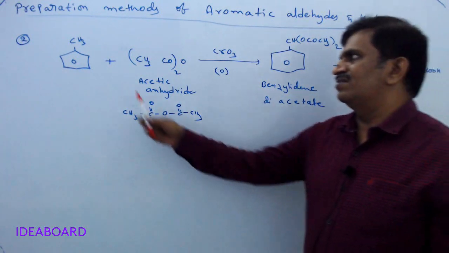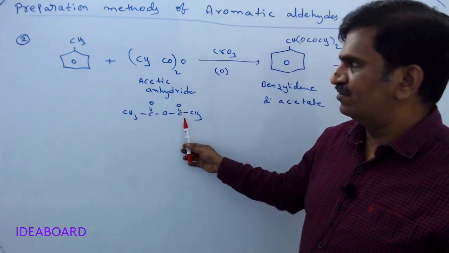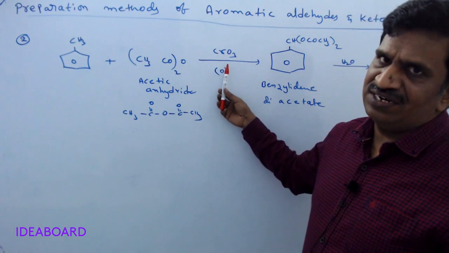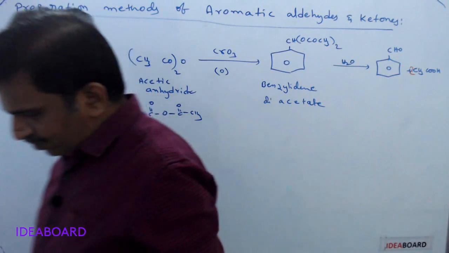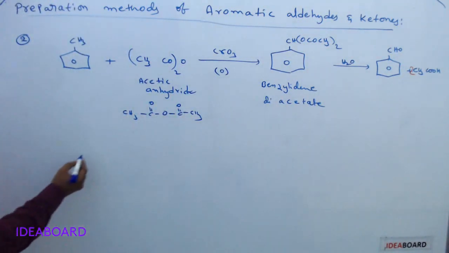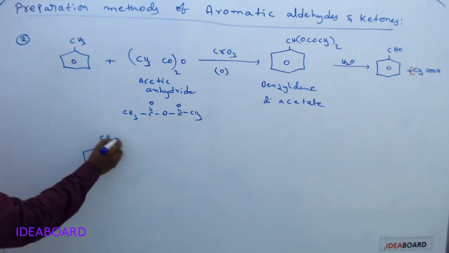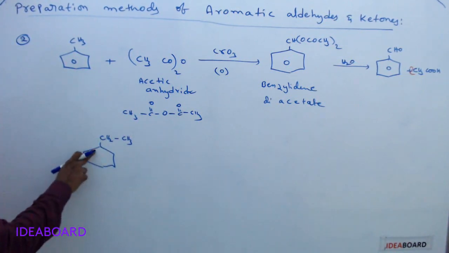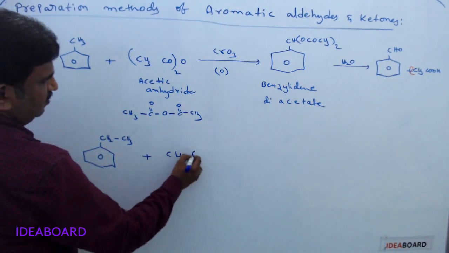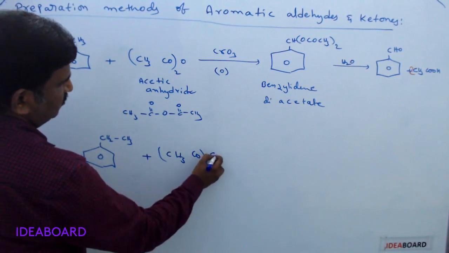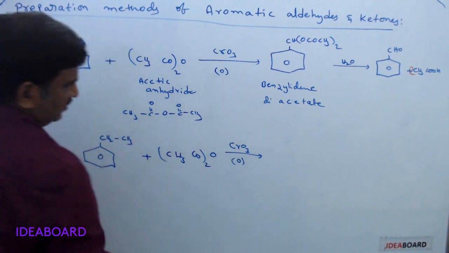Whereas in this reaction, alkyl benzene is reacting with acetic anhydride in the presence of chromium trioxide followed by hydrolysis to give benzaldehyde. Suppose you have a benzene ring with CH2 and CH3, reacting with acetic anhydride and chromium trioxide followed by oxidation.